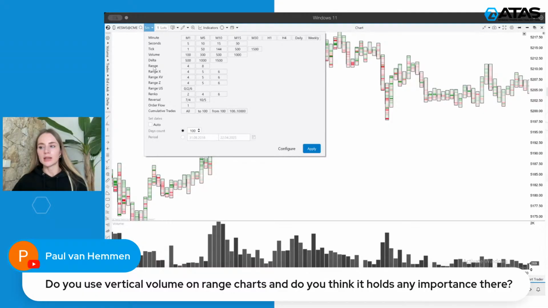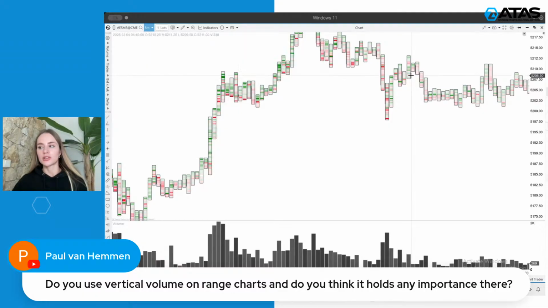The reason behind it is that the Japanese candlesticks are based on time, right? They are based on time, and this is why the volume is valuable here, because it shows you during this specific period of time what was happening. Was there an interest or was there no interest in the market from the market participants?